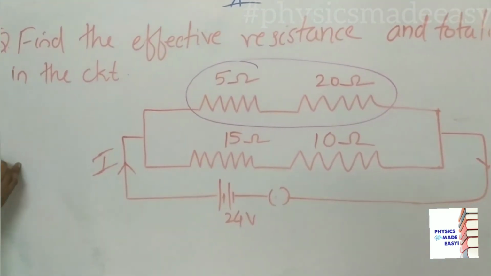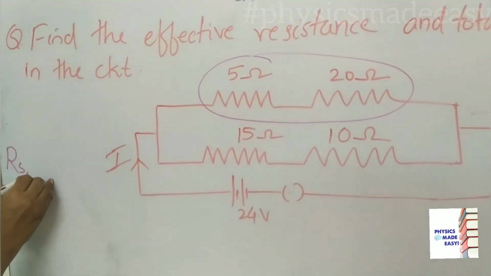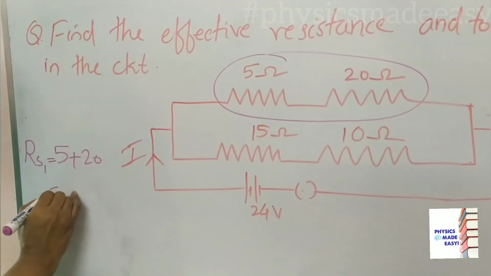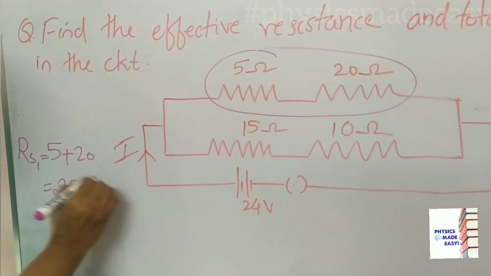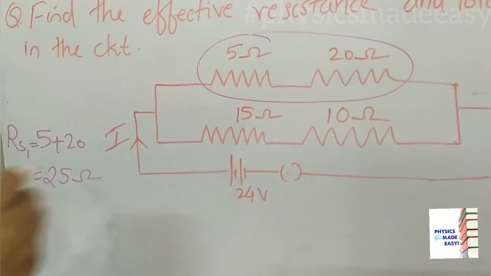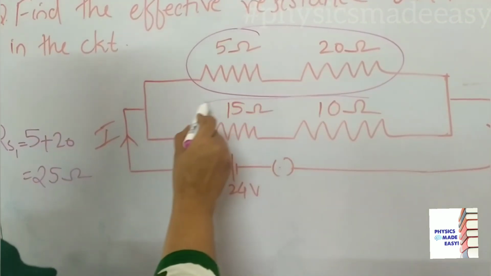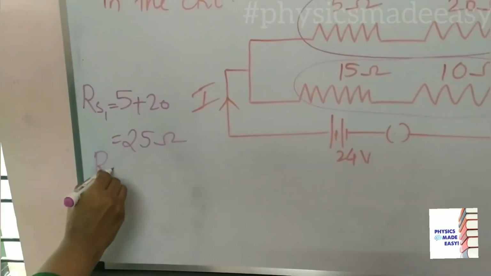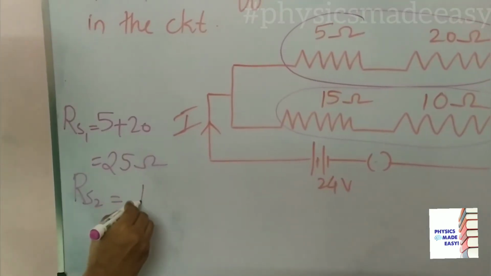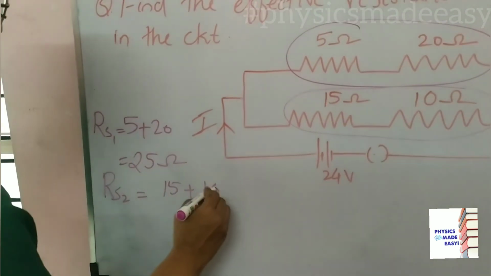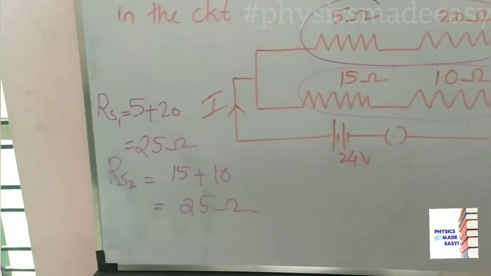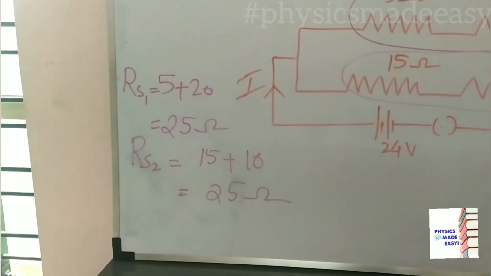We can write RS1 = 5 + 20, that is equal to 25 ohm. Then like that, this 15 ohm and 10 ohm are also connected in series. So RS2 = 15 + 10, that is equal to 25 ohm. These are connected in series here.